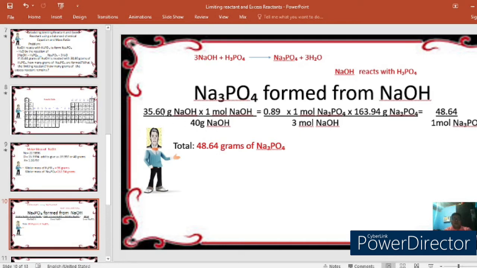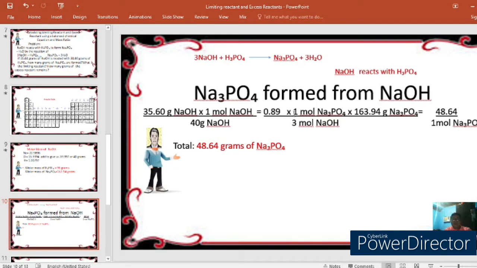The 35.60 is coming from our problem, while the 1 mole of sodium hydroxide is because sodium hydroxide has a coefficient of 1. 40 grams is the molar mass of sodium hydroxide. So this is equivalent to 0.89.